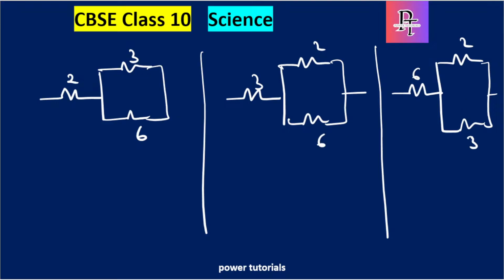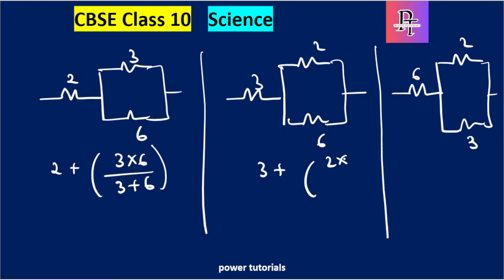Okay, we'll see one by one. Any one should have the connection as 4 ohms. So if 3 and 6 are in parallel, it will be 2 plus 3 and 6 in parallel. I will simply write the formula directly: R1 R2 by R1 plus R2, that is 3 into 6 by 3 plus 6. What about here? It will be 3 plus 2 into 6 by 2 plus 6, and this will be 6 plus 2 into 3 by 2 plus 3.